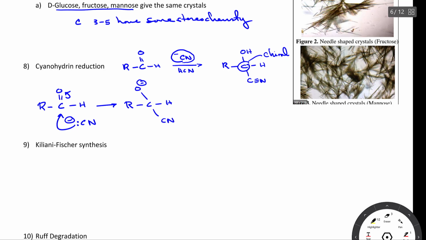Now, something to recognize in this reaction, and this is where the stereochemistry comes in, is the cyanide could either approach from one side, the front, for example, or the back side. And when it does that, it produces both of the enantiomers. And because the carbonyl is flat, you get a racemic mixture that comes out as a product.